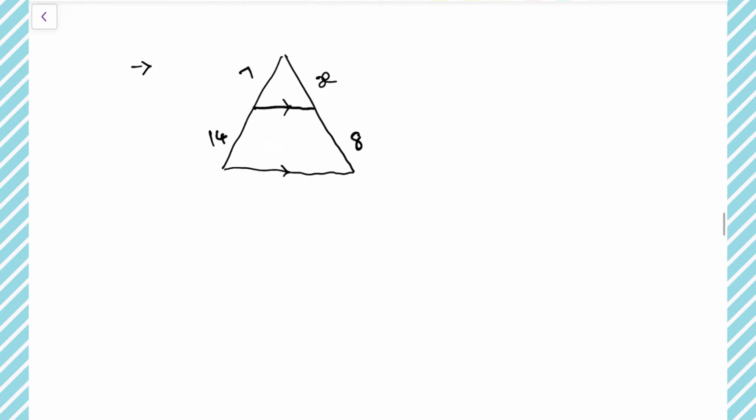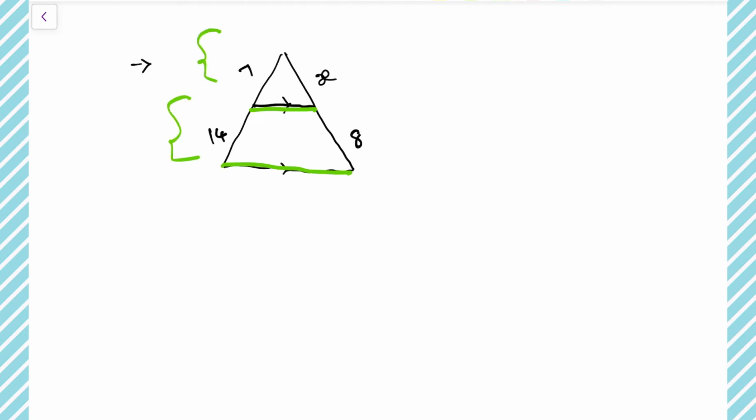Next, we have a triangle. In this triangle, this line and this line are both parallel to each other. Here it is asking us to find the x value. If in a triangle two lines are parallel to each other, we can apply the basic proportionality theorem. That is upper one by lower one, that is 7 divided by 14 equals upper one by lower one, that is x by 8.